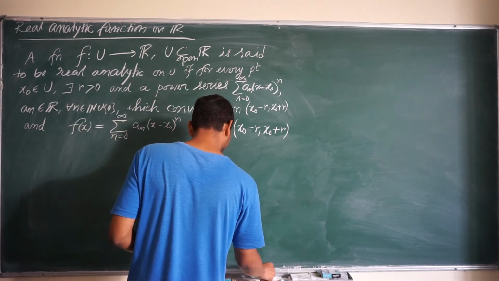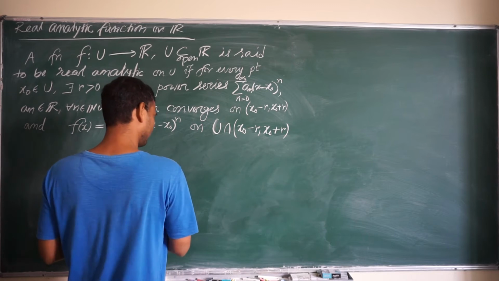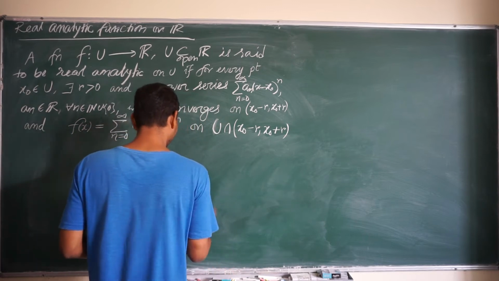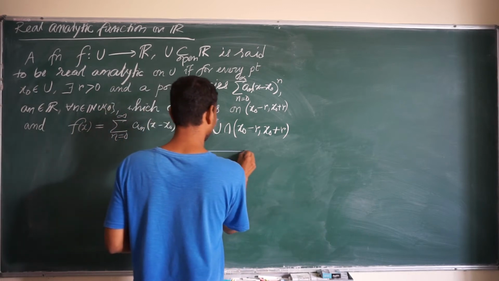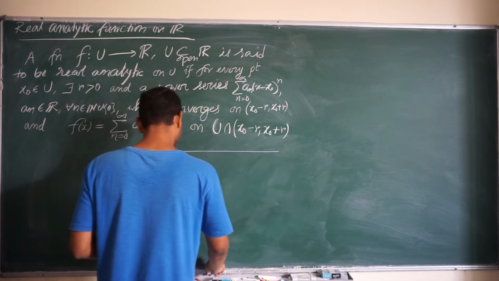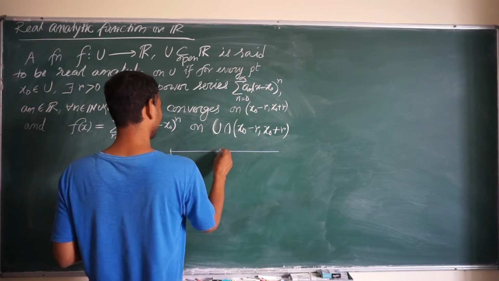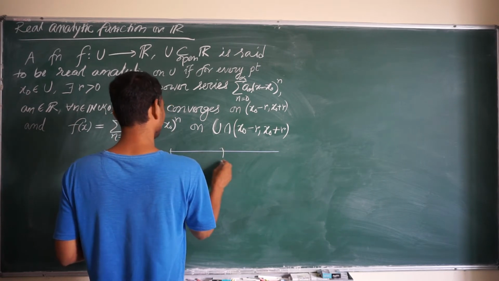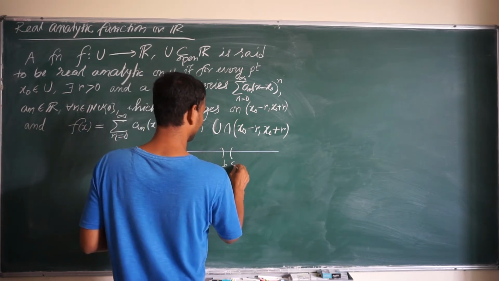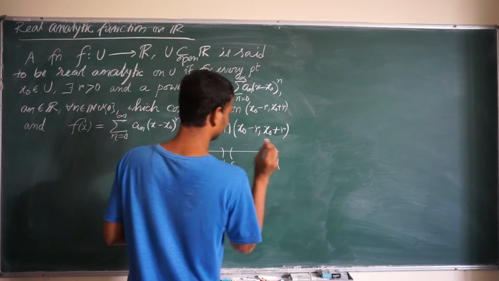Let's draw a picture. Suppose this is the real line. Suppose U is, let's say, AB union CD.